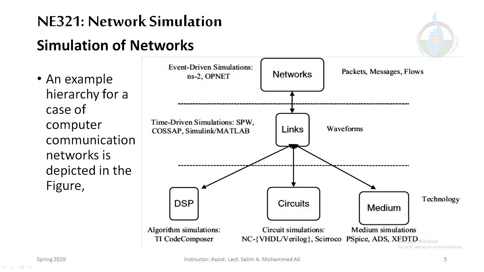So the data types in these simulations are usually packets, messages, or flows, like data stream flows. In links, the main data type is waveforms. Waveforms are usually based on time-driven simulations, just like MATLAB Simulink.